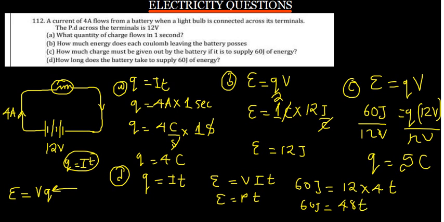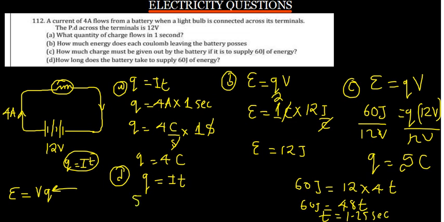So how can we find time in this case? We divide both sides by 48. So time is just going to be 60 divided by 48, and that will give us 1.25 seconds. We could have used this formula. Let's see what we would have found.